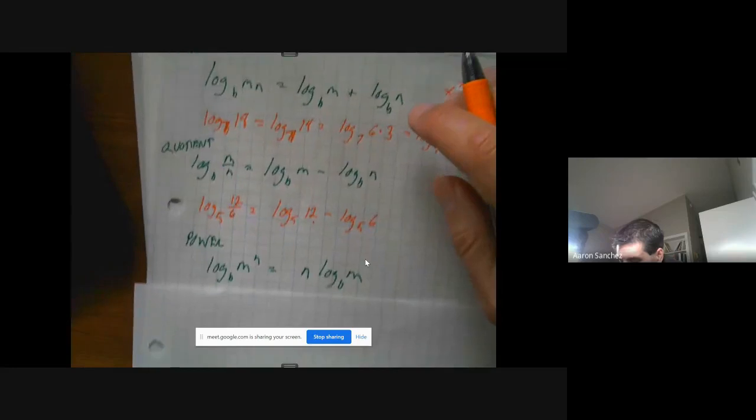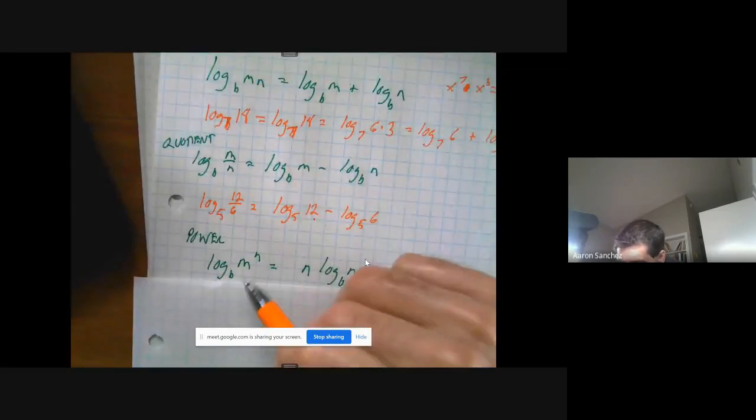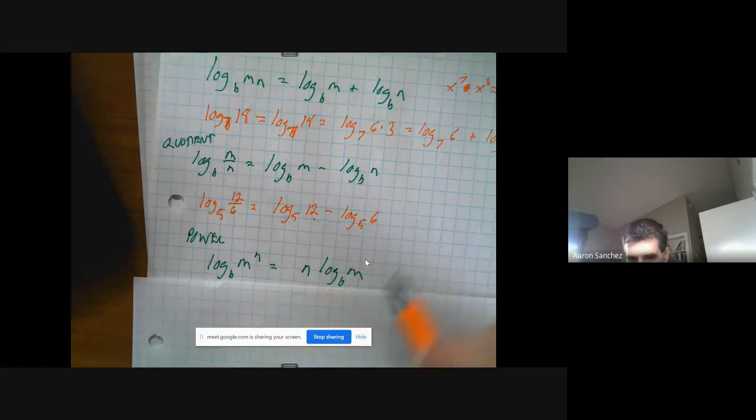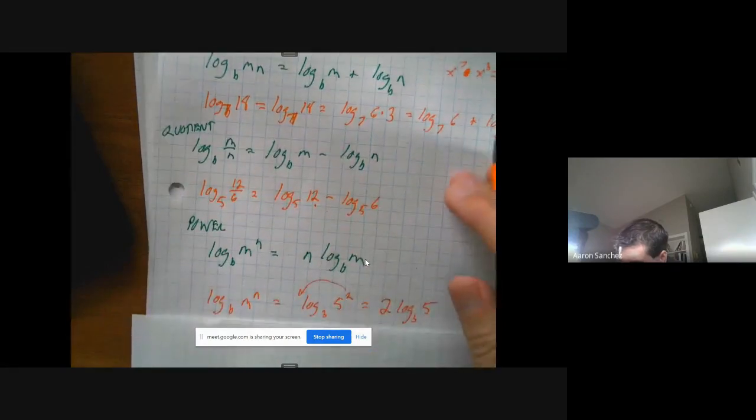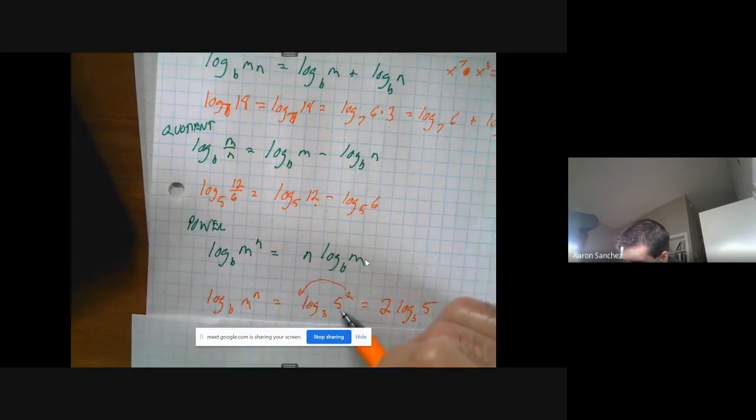And then finally, the power rule means if I have log base b of m raised to the nth power, I could bring the n in front. Or in numbers, log base 3 of 5 to the second power, I can write it as 2 times log base 3 of 5. Okay?